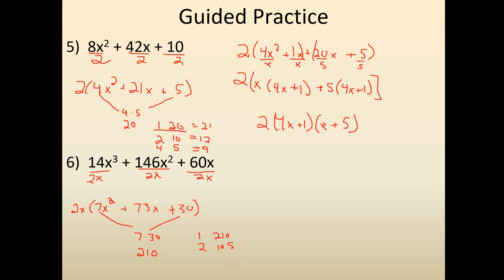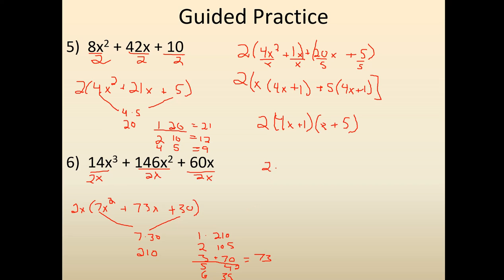So then we could also have 3 and 70. And let's see. We can have 5 and 42. We could have 6 and 35. We can keep going, but we can already see the numbers that are going to be used, 70 and 3, because 3 plus 70 is 73. So these are the numbers that I'm going to replace it with.